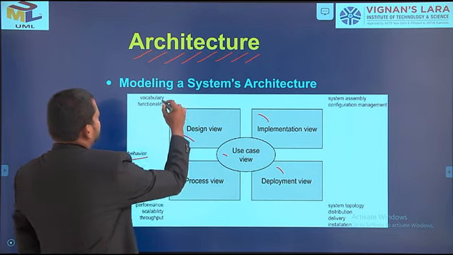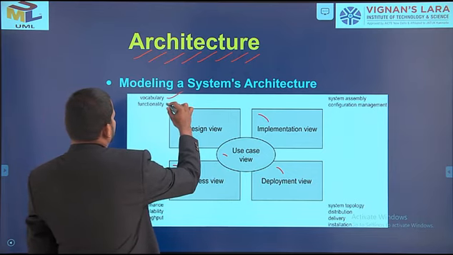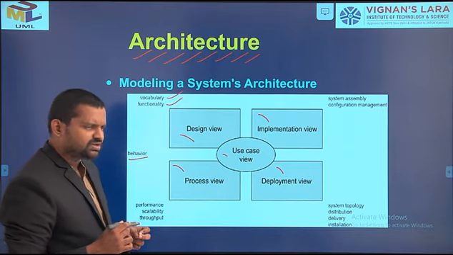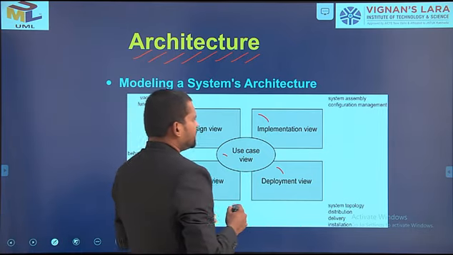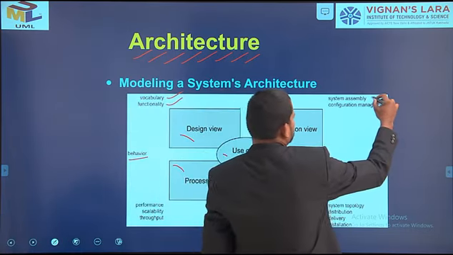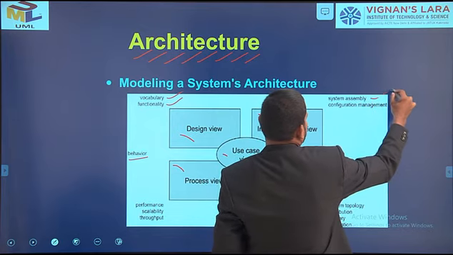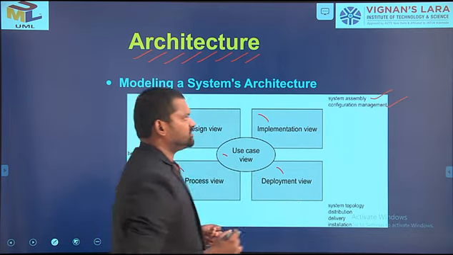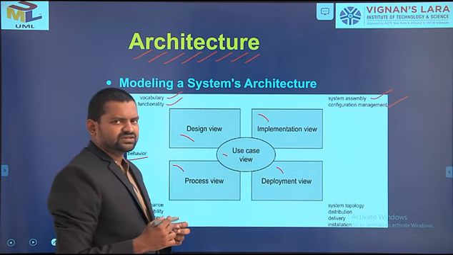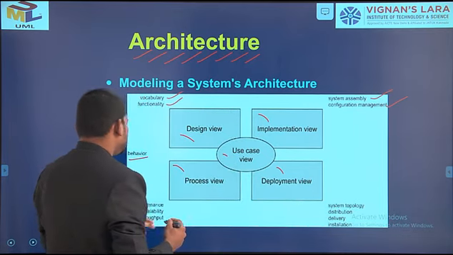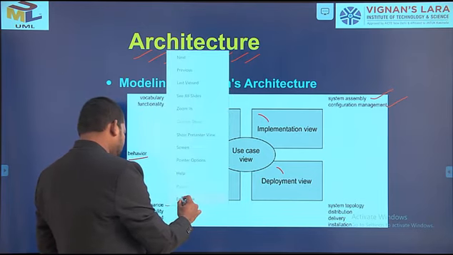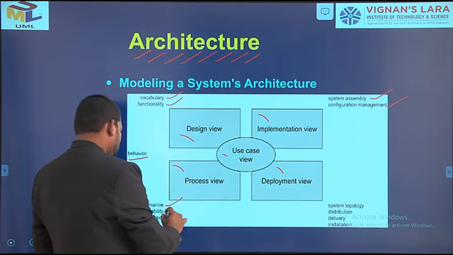In the design view, we check the vocabulary and the functionality of a particular module or the system. In the implementation view, we see system assembling and configuration management. In the process view, we take the performance of the system, its scalability, and throughput.